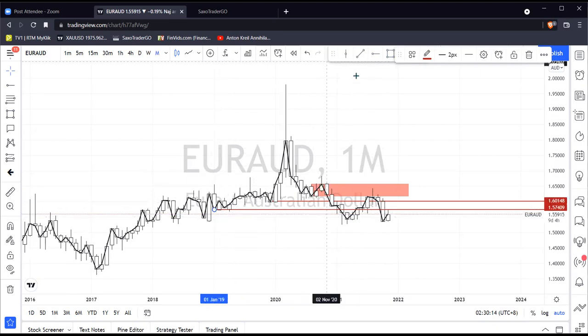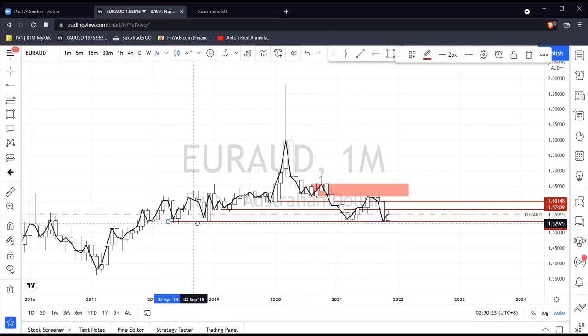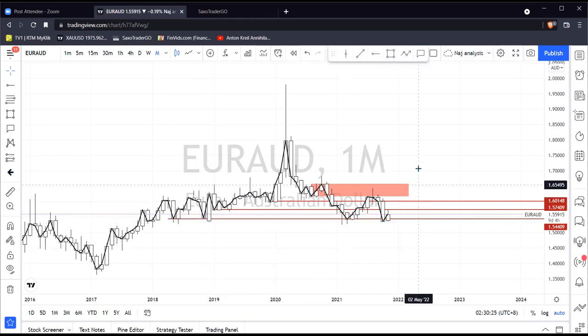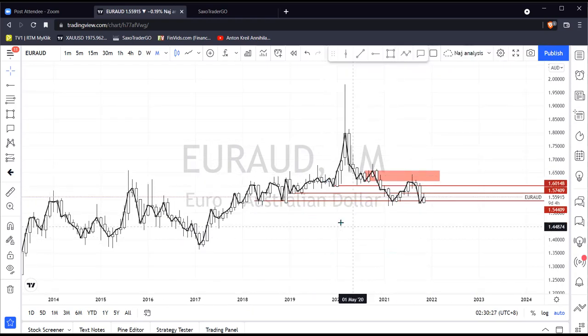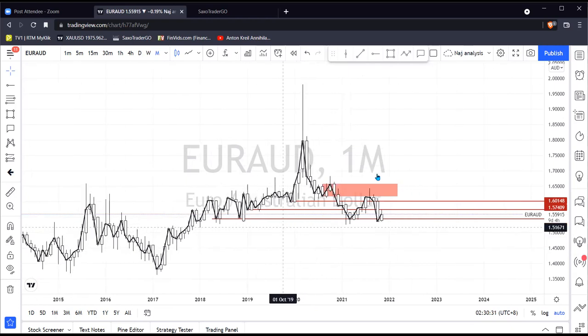If we go to lower time frame, there's also this one. So on monthly, probably we don't actually see anything. But if you ask me what I see here, the reason for it to close there is because there's a breakout here.